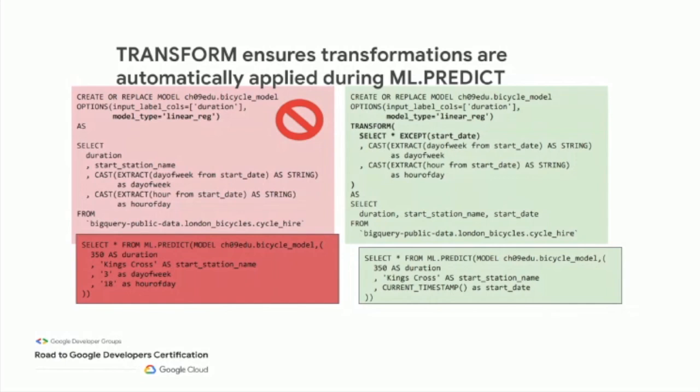What we want to use is the input data that we got from the beginning for the client side. So as you can see here, the query is, okay, I want to predict using this model, using the duration and the start station name and the start date, and that's it.